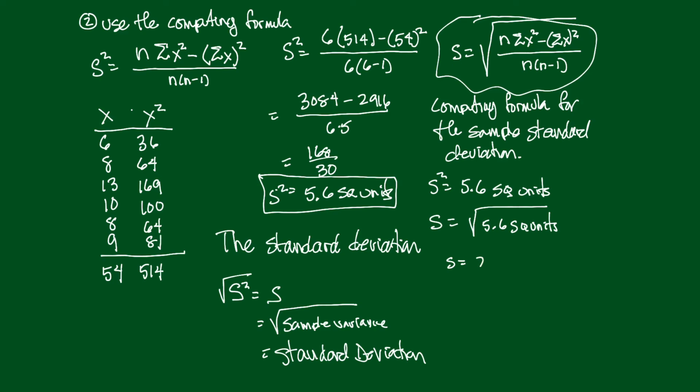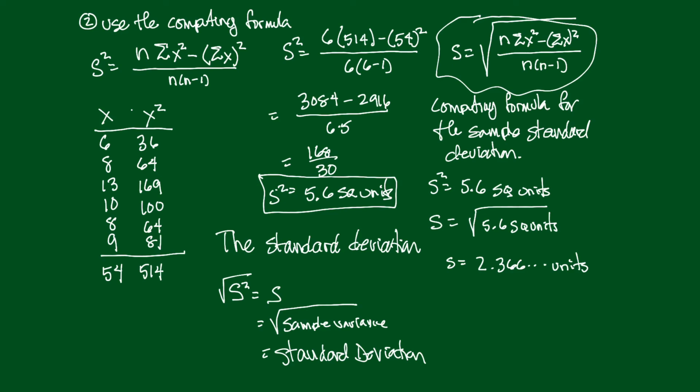Here's what I got, like 2.366. Now when you take the square root of the square, you just come back to regular old units. So when we square the ducks, you get squared ducks. When you take the square root, you just get ducks.